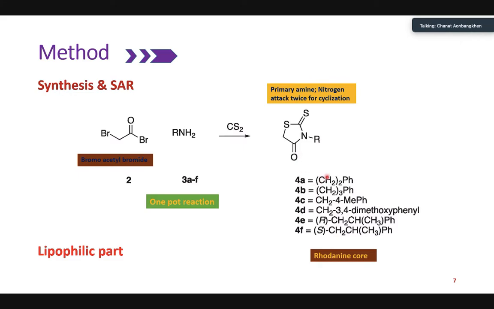So different derivatives have been synthesized here from 4A to 4F. The primary amine is used basically in order to have different derivatives of the rhodamine core, and we have moderate to good yield of the rhodamine core here, which forms the lipophilic part.